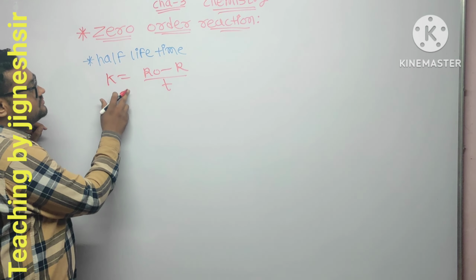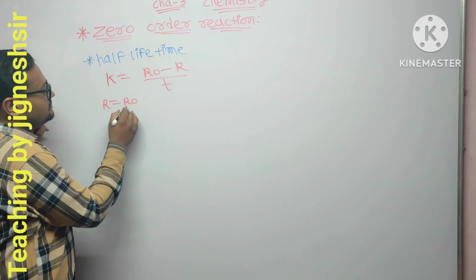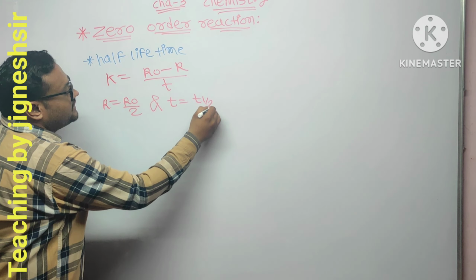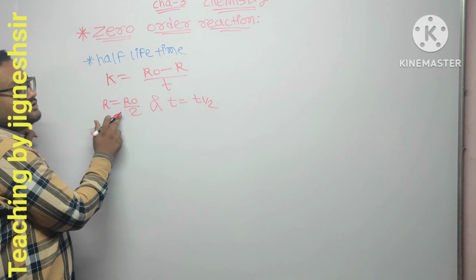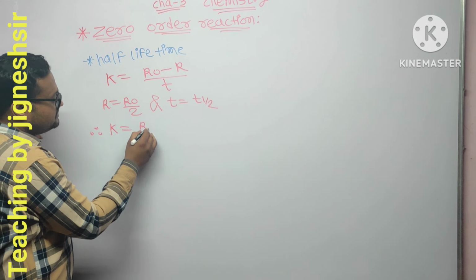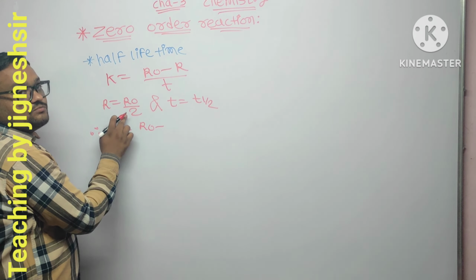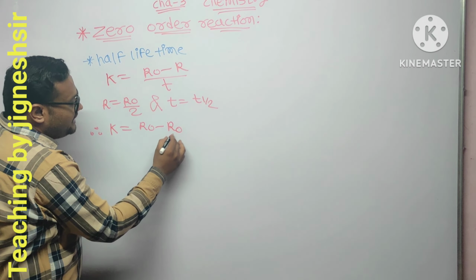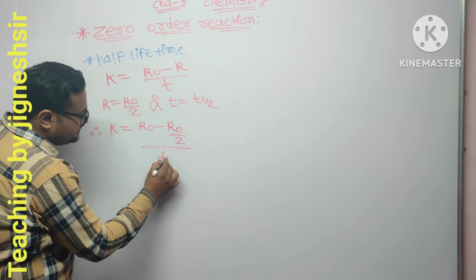In this equation, we have to take R is equal to R0 upon 2 and t is equal to t1/2 for half life. Therefore put these values in the above equation, we get K is equal to R0 minus, what is the value of R? That is R0 upon 2, whole upon t.